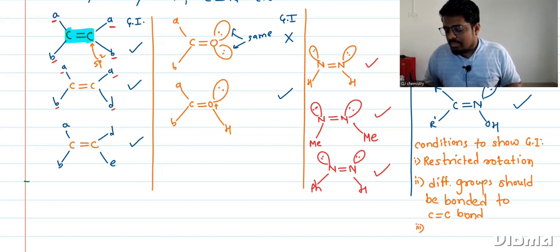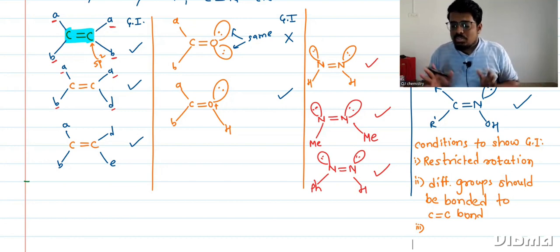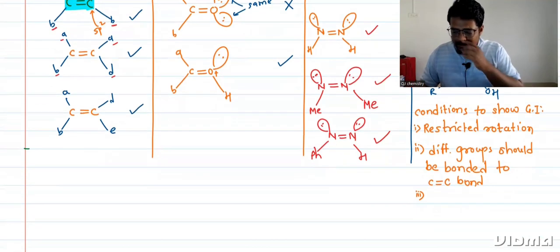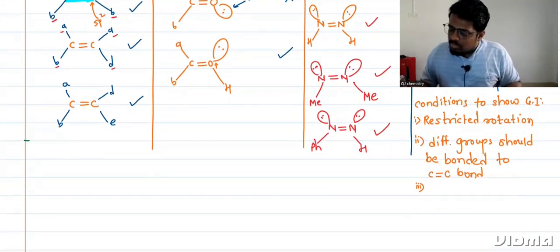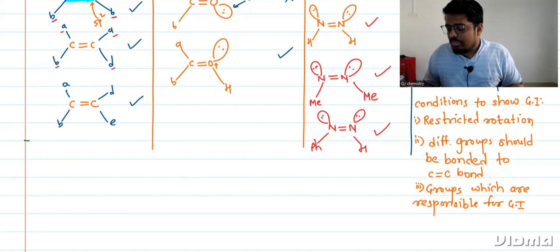And the third condition is that the groups which are responsible for showing geometrical isomers should lie in the same plane. So three conditions you have to remember, right? Third also I'm writing: groups which are responsible for geometrical isomers should lie in the same plane.